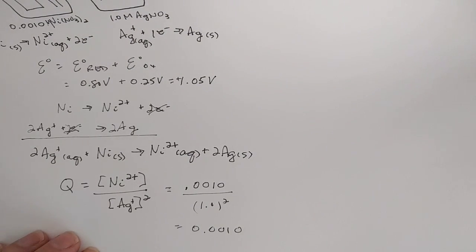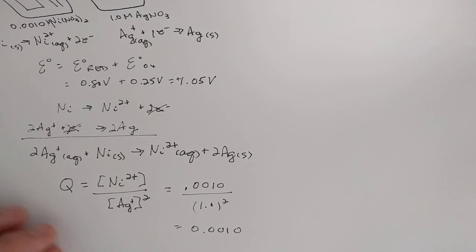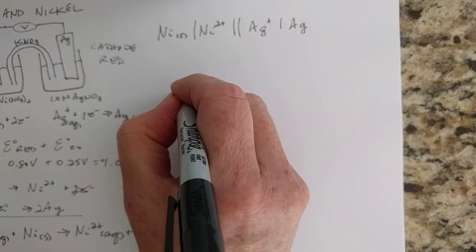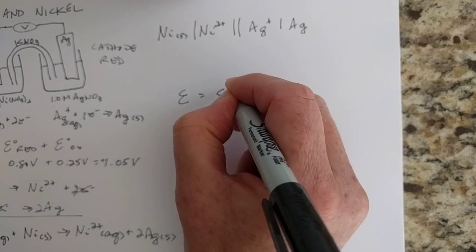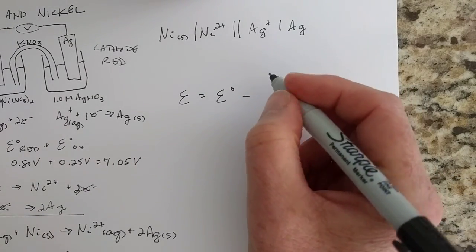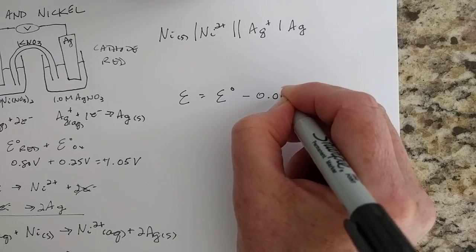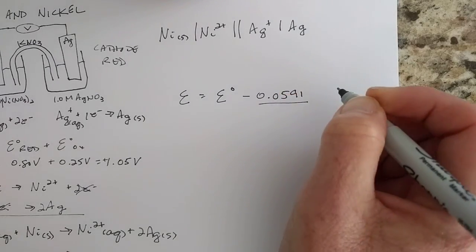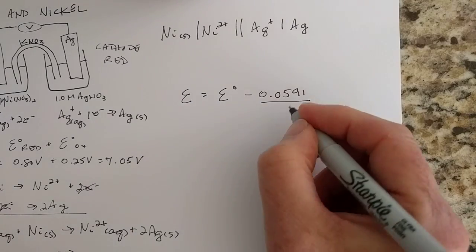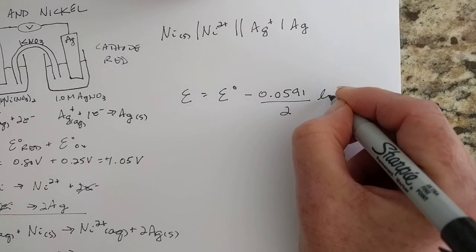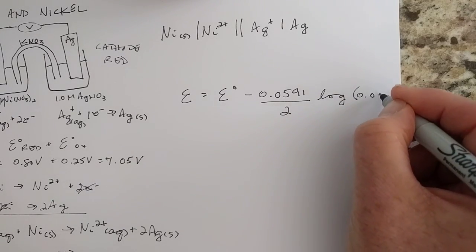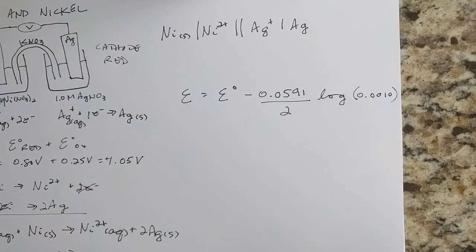So now that we have that, we can calculate the E of the cell. The E of the cell equals the E0, and we'll assume 25 degrees C unless we're told otherwise, minus 0.0591 over the number of electrons transferred, which is 2, times the log of Q, which we calculated to be 0.0010.